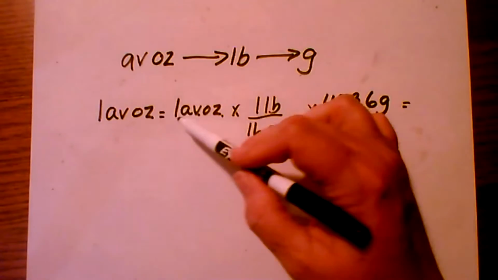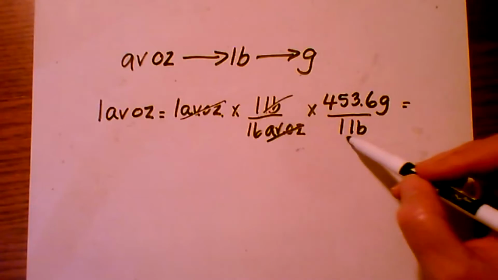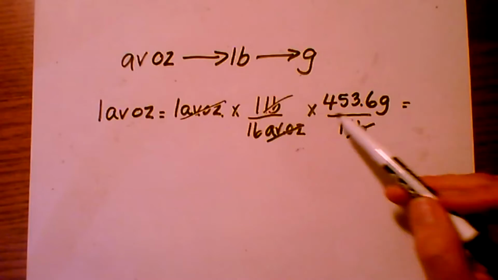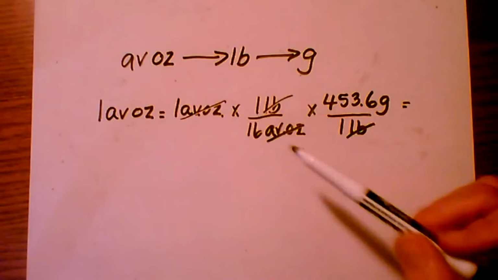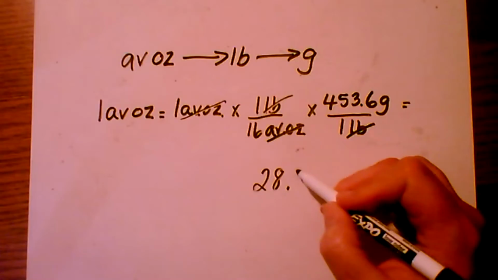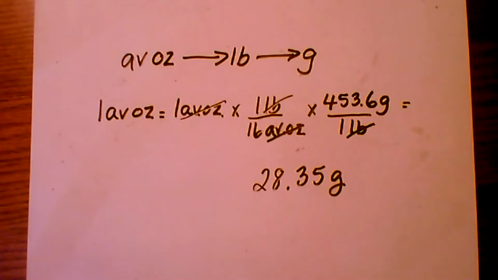We can eliminate these labels, the AV ounce and the pound. So we'll be left with grams. We just need to divide 453.6 grams by 16, and our answer is 28.35 grams are in an avoirdupois ounce. So once your child has finished that worksheet, go ahead and ask the in conclusion questions.